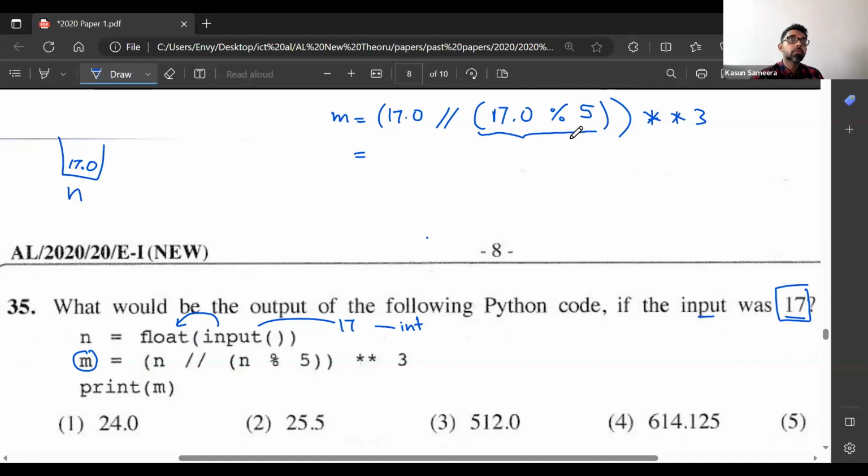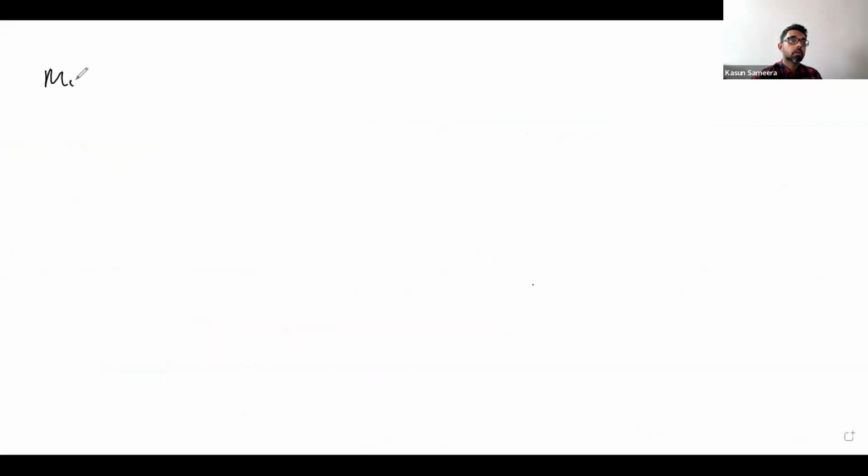17.0 modulus 5 means, what is the answer? 2. Why? 5 times 3 is 15. Modulus means remainder. The percentage mark in Python says remainder.